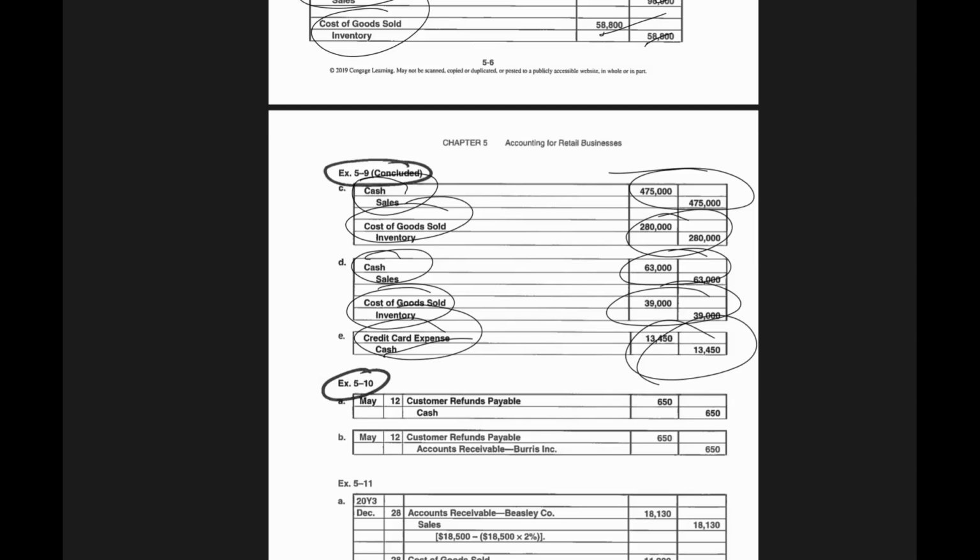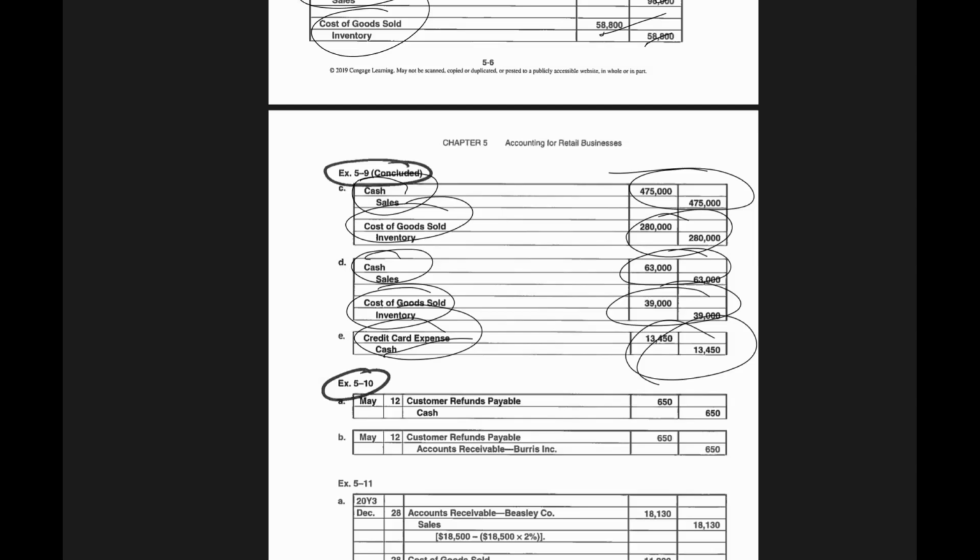The invoice amount of the returned merchandise was $4,000, and the merchandise originally cost Silverman $2,350. Letter A, journalize the entries by Silverman to record the December sale. Letter B, journalize the entries to record the merchandise returned. Letter C, journalize the entry to record the receipt of the amount due by Beasley on January 7.